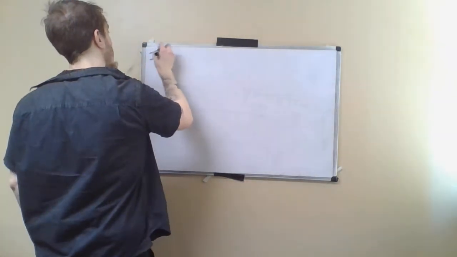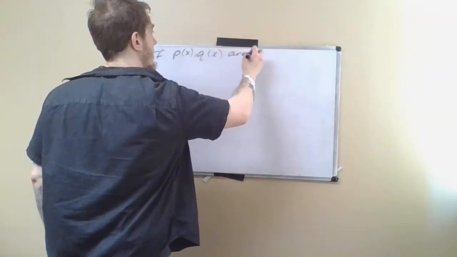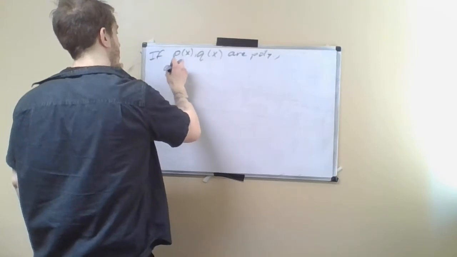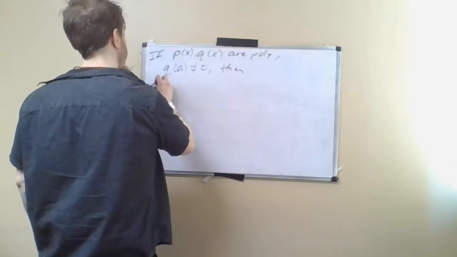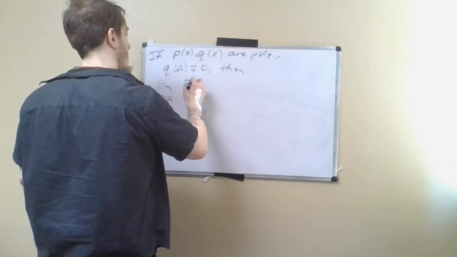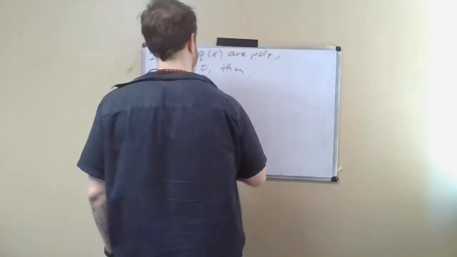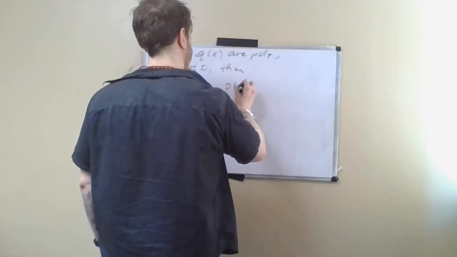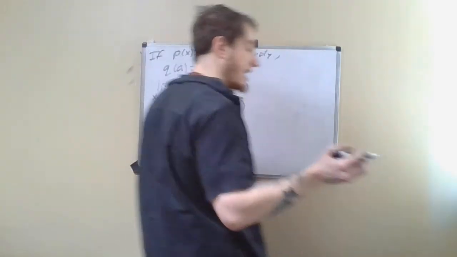So, if p of x and q of x are polynomials with q of a not equal to 0, then the limit as x approaches a of p of x over q of x is equal to p evaluated at a divided by q evaluated at a.